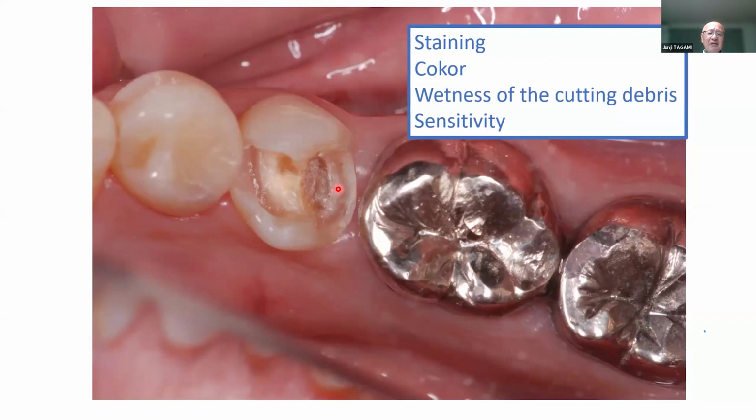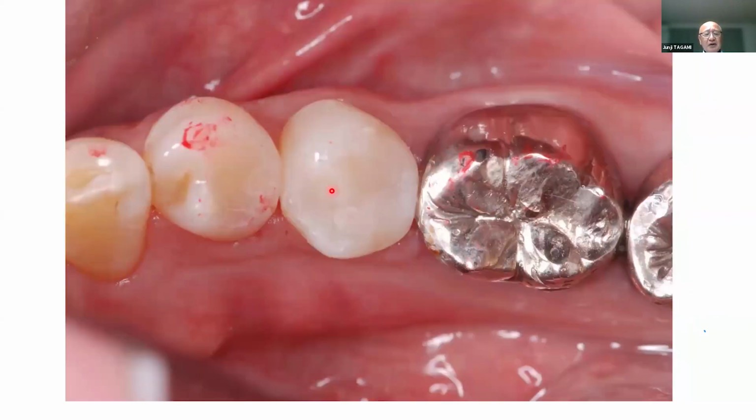Of course, when the judgment is not so easy, we try to apply the dye solution to confirm. Then directly we can bond and reconstruct the shape of the tooth like this.